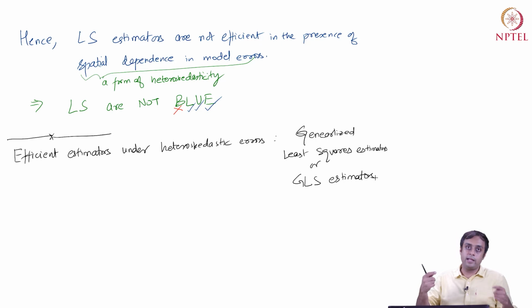In the next part of this lecture, I'm going to formally introduce the GLS estimators, and then provide you a general strategy for estimating such coefficient estimators when you have spatial dependence of a general form in the data.